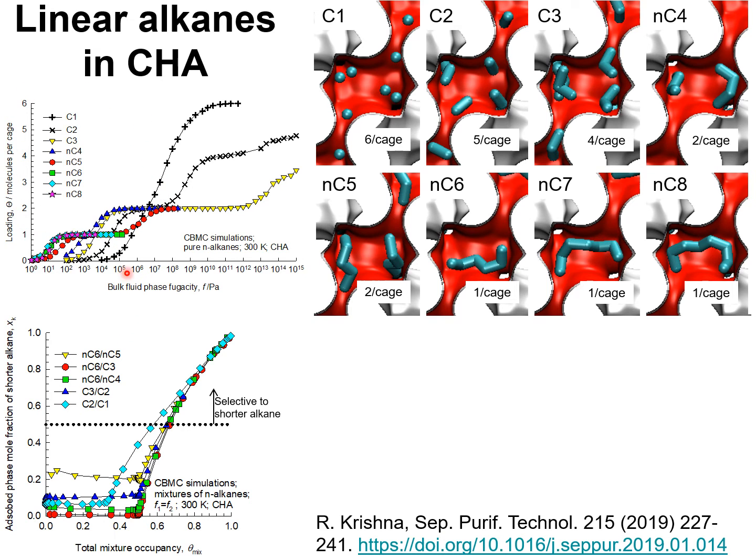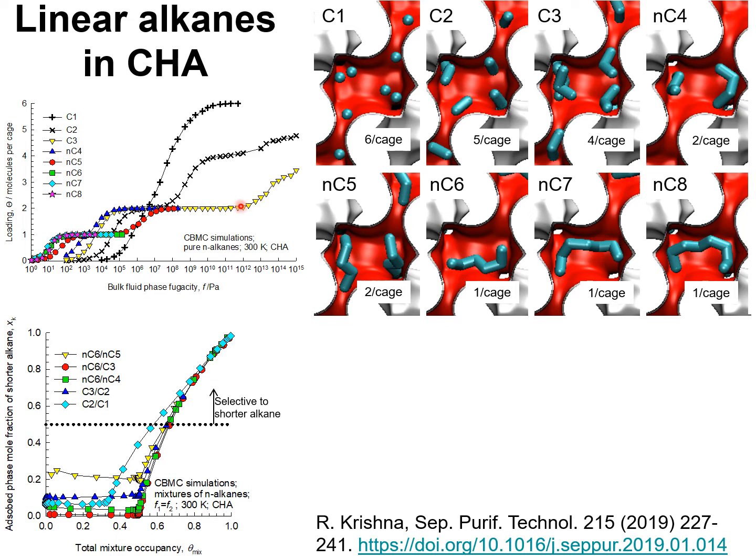Here are configurational bias Monte Carlo simulations for linear alkanes in Chabasite. The saturation capacity of methane is 6 molecules per cage. Here's the computational snapshot showing 6 per cage. The saturation capacity for ethane is 5 per cage.